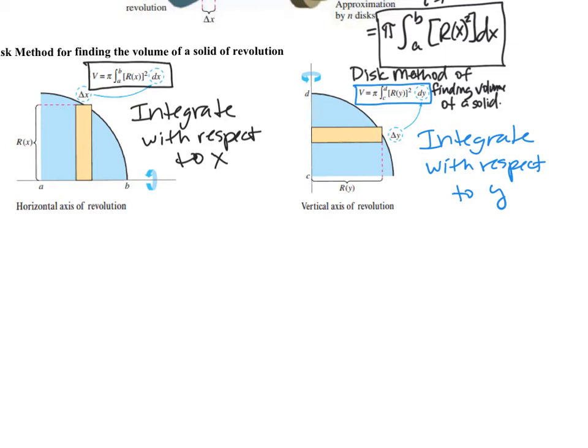Now, if we are integrating with respect to y, we would need y bounds, from bottom to top, c to d, of r of y squared, where r of y is the radius of one of those discs. Remember, in 2 dimensions, this is a rectangle, but if I were to take that rectangle and rotate it about an axis, we'd have a disc, and the radius of that disc would be r of y, squared, times dy. dy is your delta y, your change in y, which would be the height of each one of those discs.